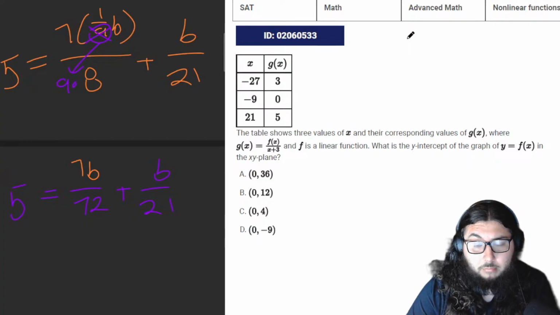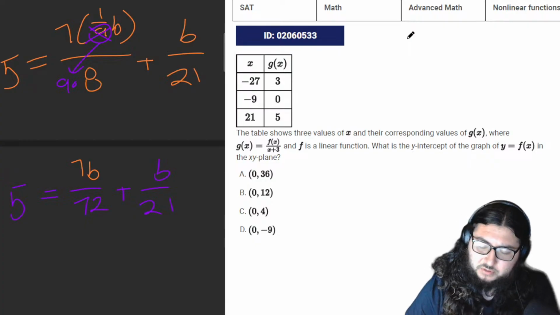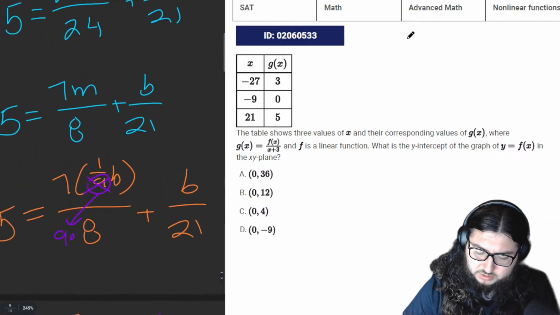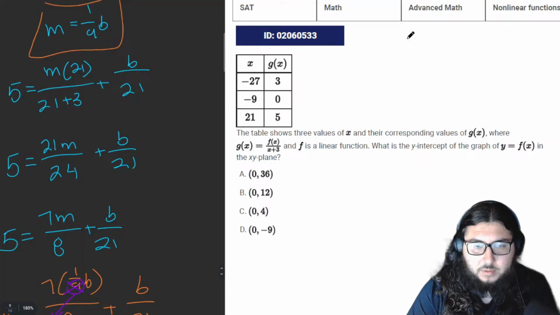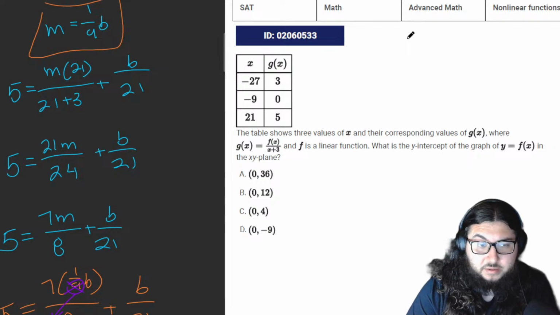I don't know. It's starting to make me question if I did something wrong. So let's double check with all our math. And if you guys spot a mistake, let me know. 5 is equal to 21 times m over 21 plus 3. Yes.